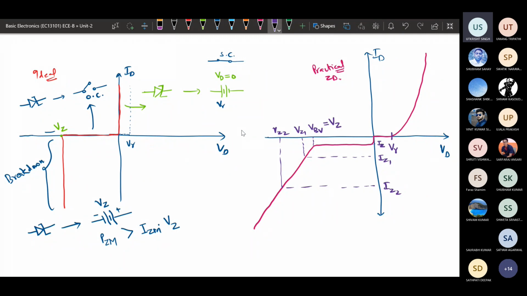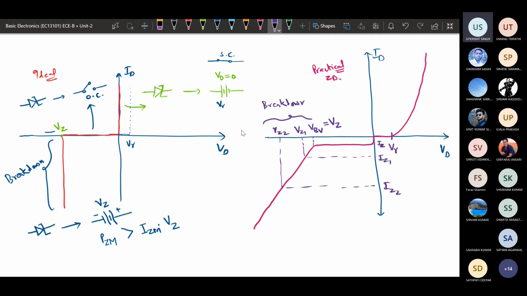It means this is the practical case, where instead of being constant, it will have some variation in the voltage. Generally, once we analyze, we will be considering a constant voltage source, that means it is going to have a constant voltage.